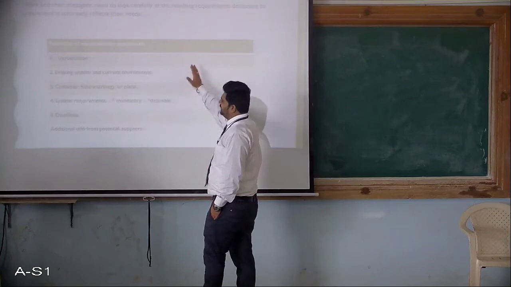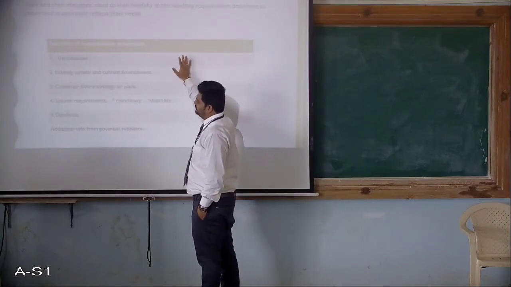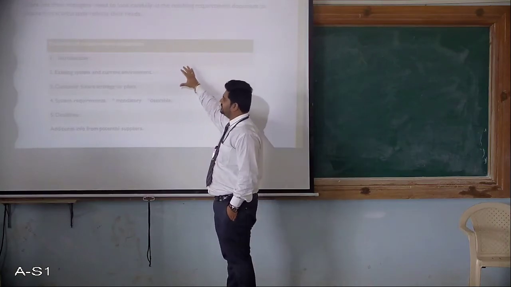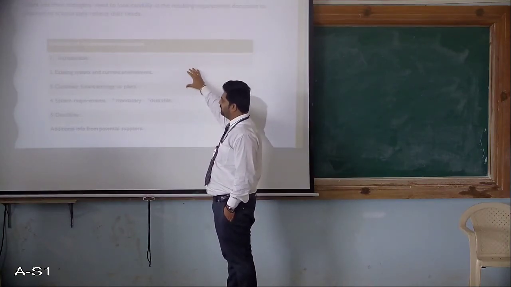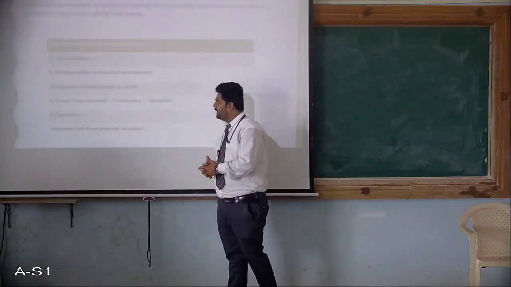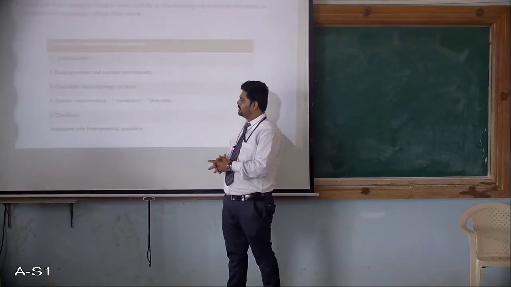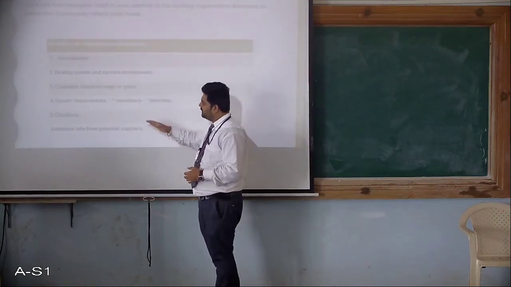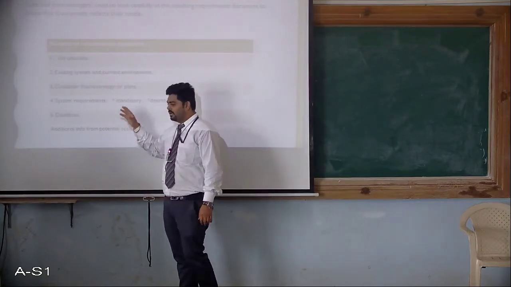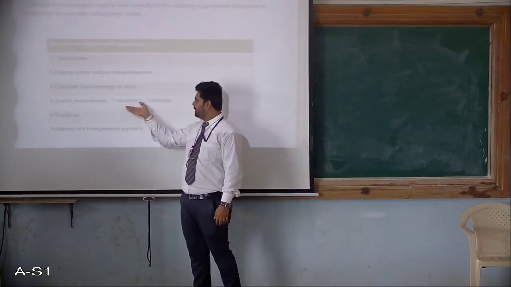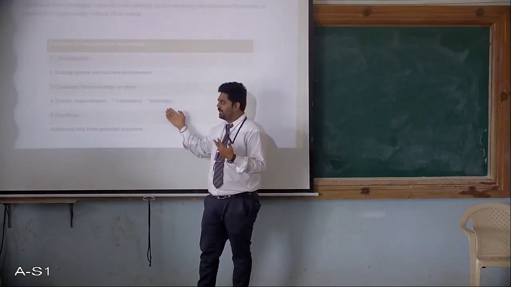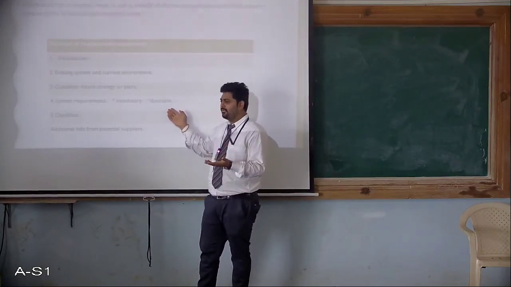Okay, the first one is the introduction to your product, then the existing system: what system is currently used and what environment we are developing it in. Then customer future strategy: he should be very firm about his objective and goals before he starts developing. Then system requirements: what is required needs to be mentioned here. We have mentioned mandatory and desirable, and it can be in the form of software, a service, or hardware.